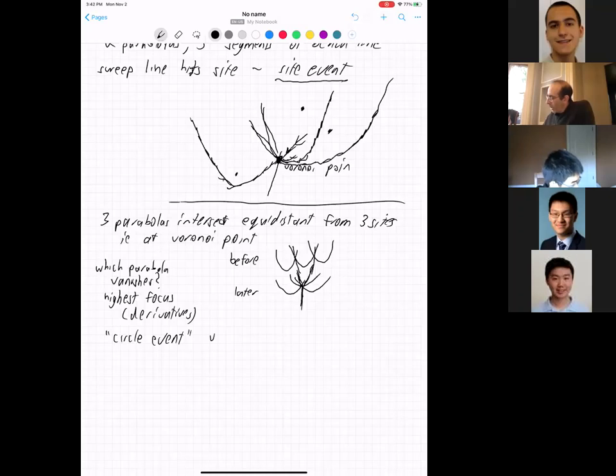Okay. Now this is called a circle event because we know that the Voronoi point is the center of a circumcircle of a common circle containing the three foci, or the three sites.